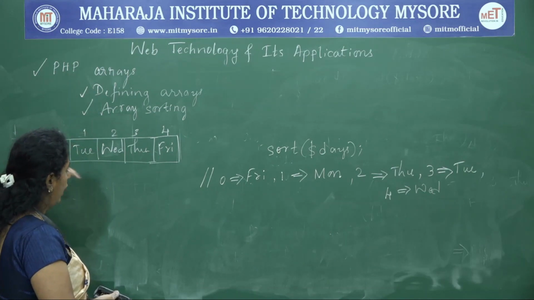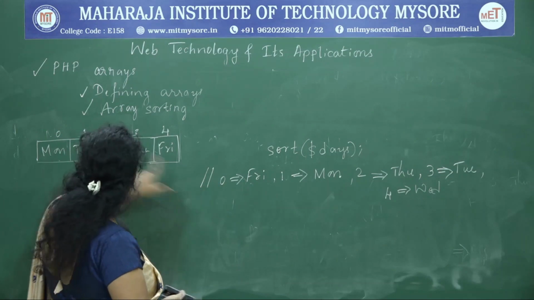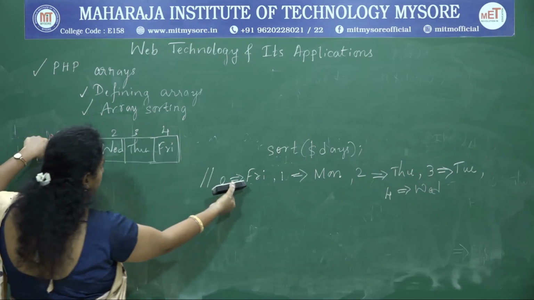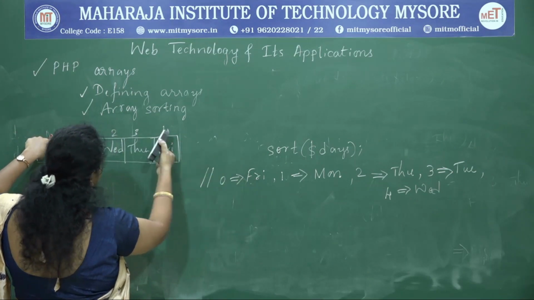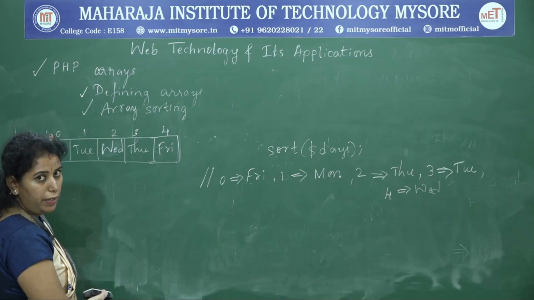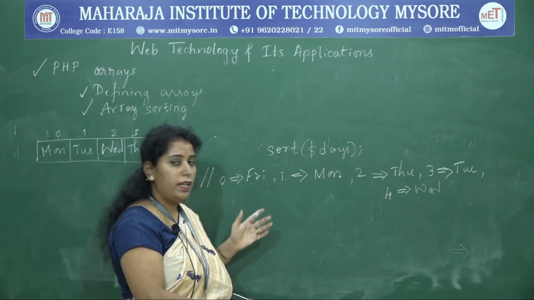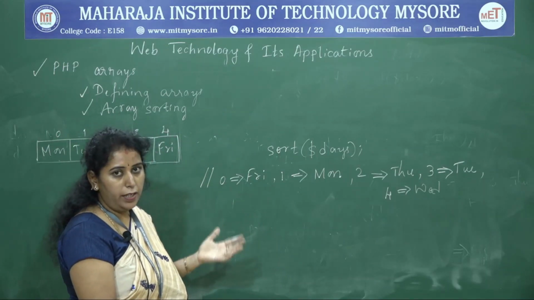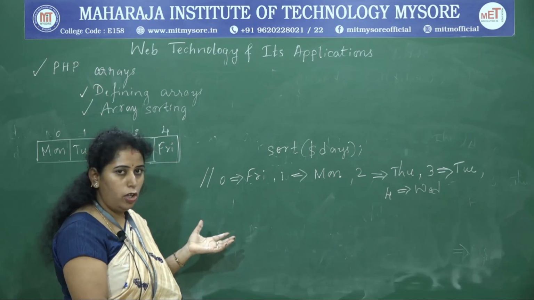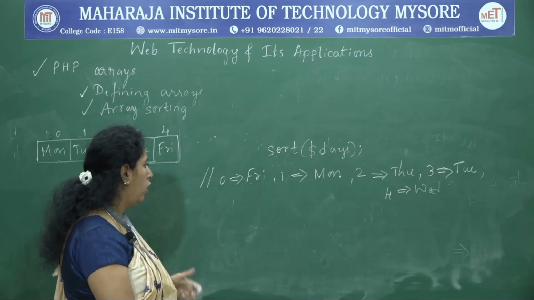Because of that, you can notice that the keys remain the same, but only the elements get sorted. For Friday, the key is 4. For key 0, the element is Monday. It has been varying, so this result is not actually correct. If this is the case, there is no benefit at all. Keys are different and the values are different. They are not associated at all.